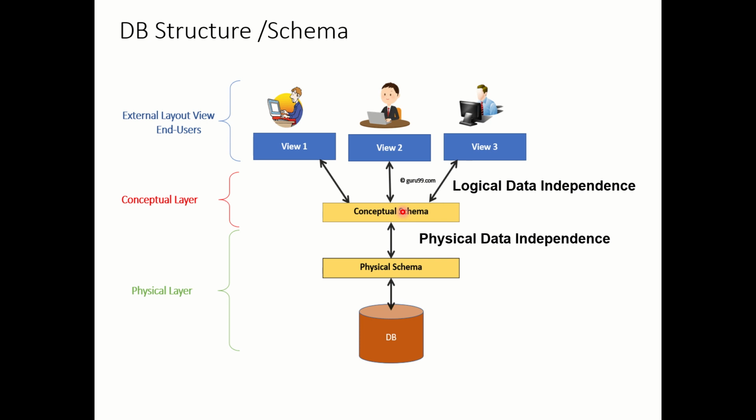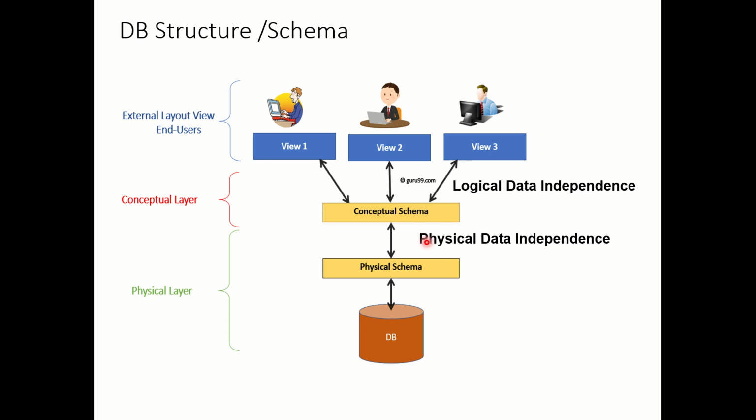Then if you go deeper, you have the conceptual or schema level, which is your design level, mainly used by the managers. And you have the physical schema level, which will be used by the developers, as I always used to say. So this layered architecture is followed for bringing data independence between the layers.